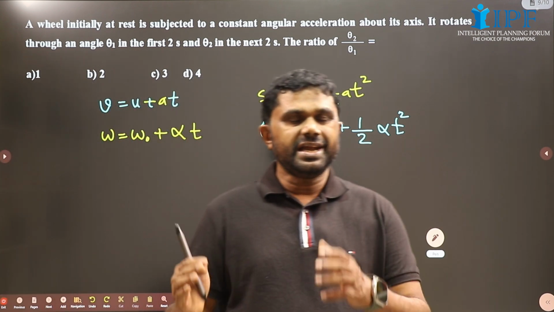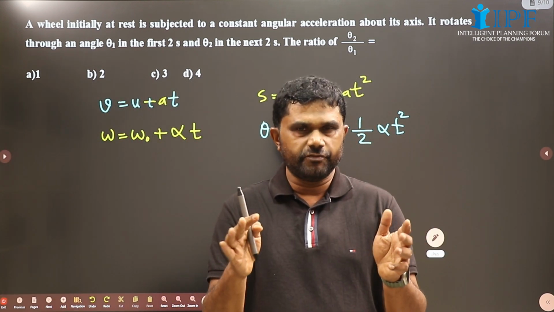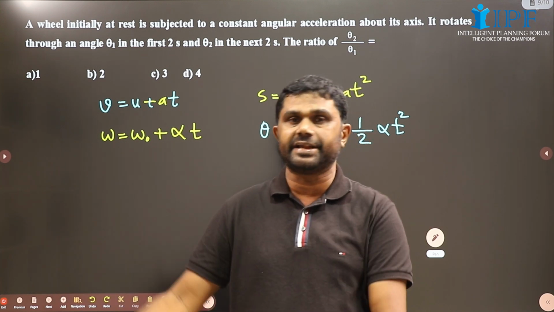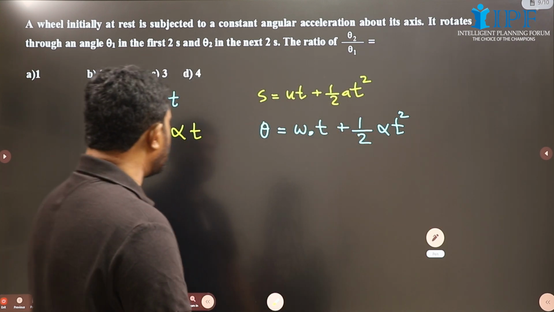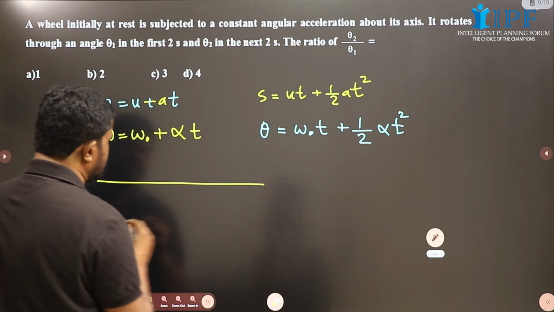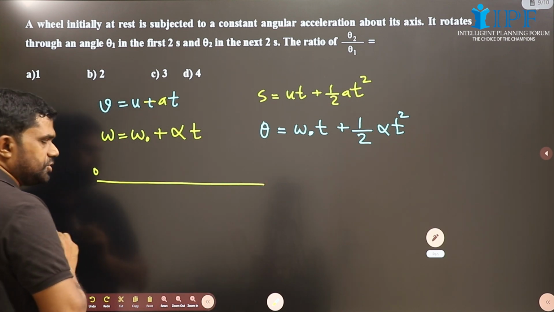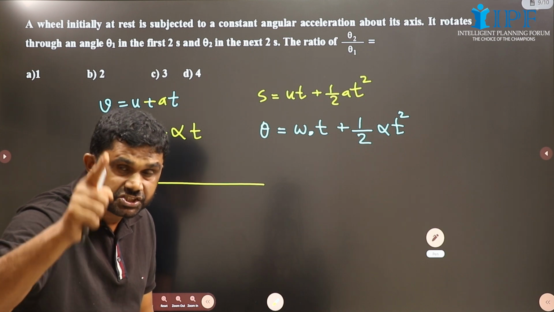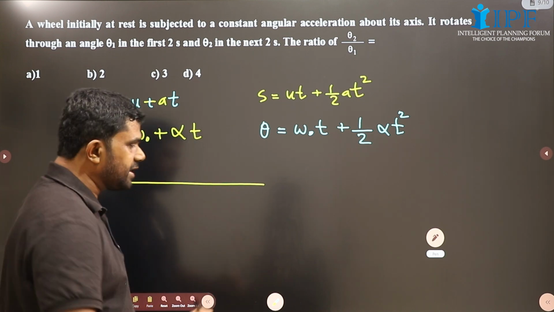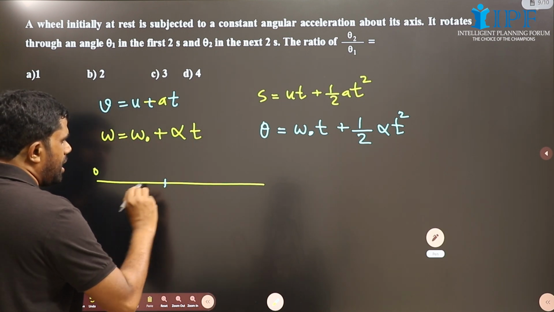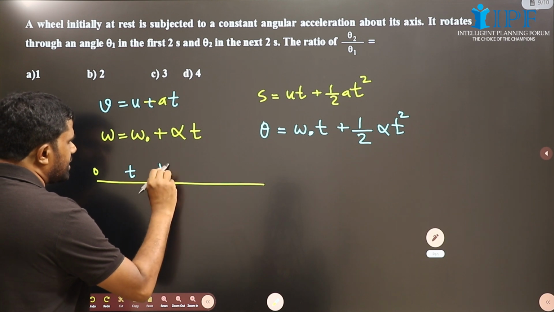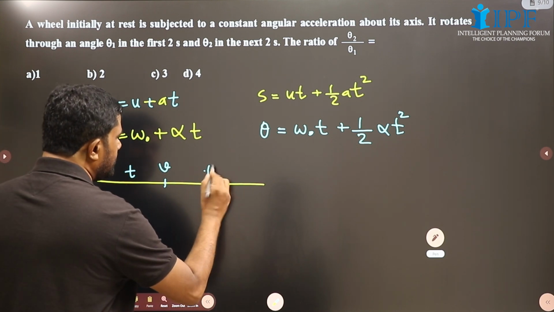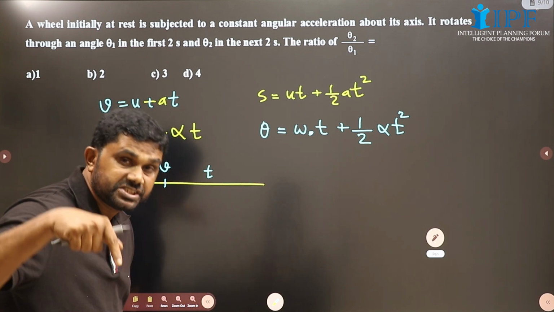Children, in linear mechanics we have studied when a body starts from rest and moves with a constant acceleration, here velocity is 0. If it moves with a constant acceleration, its velocity changes equally in equal intervals of time. So after a time t, its velocity becomes v. After another equal interval t, its velocity will change by the same amount.